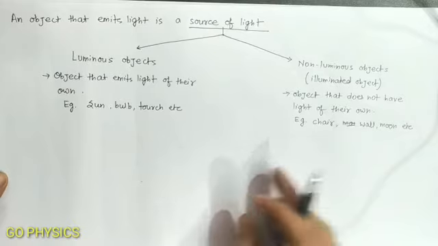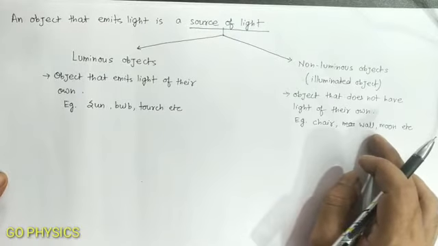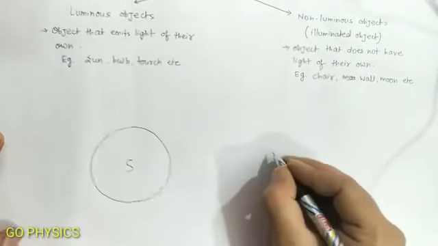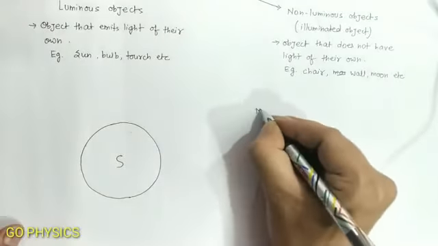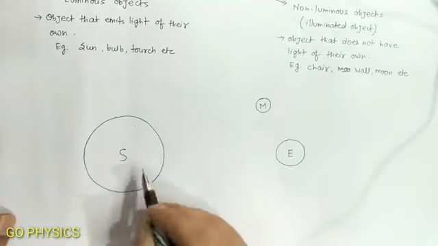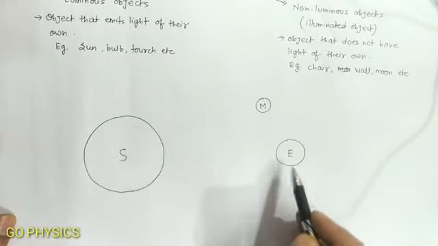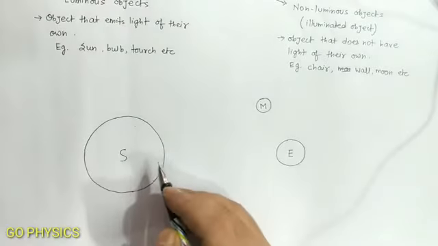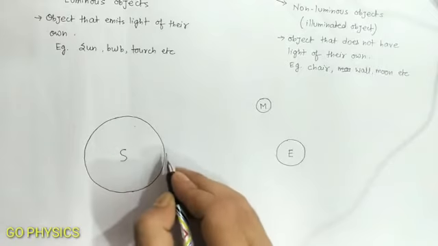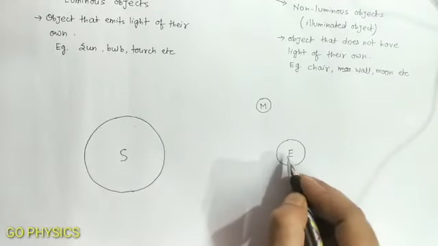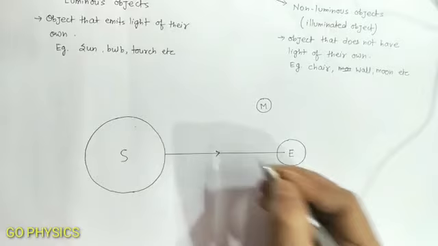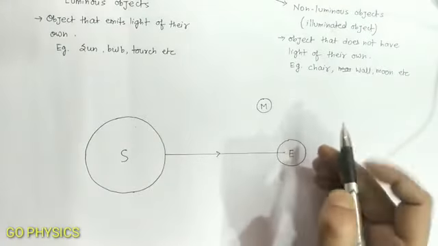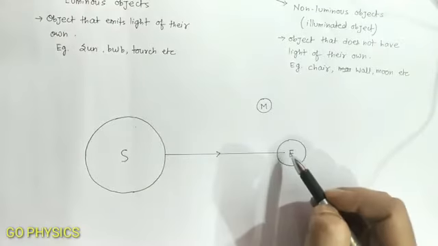So let us discuss why the moon is a non-luminous object. Let us suppose this is the sun, this is our earth, and this is the moon. The sun is a luminous source because light directly from the sun falls on the earth. And if we talk about the moon, the moon does not have its own light.